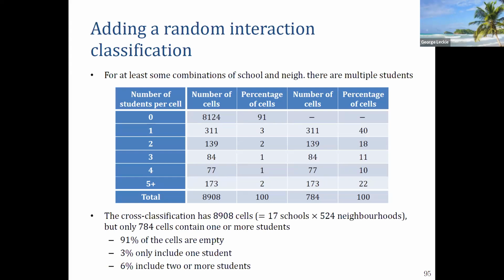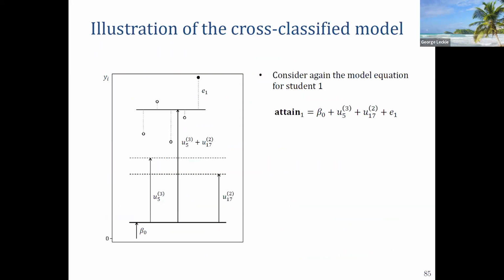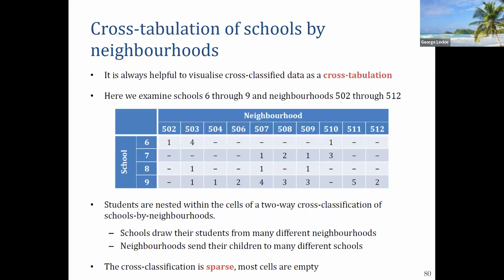I'm now going to introduce the random interaction classification. Remember, I said I can cross-classify students by schools and neighborhoods. I observed that many combinations have no kids, but some combinations have 2 or more kids. As soon as I've got 2 or more kids, at least in some of those cells, I can try and estimate school by neighborhood unique interactions.